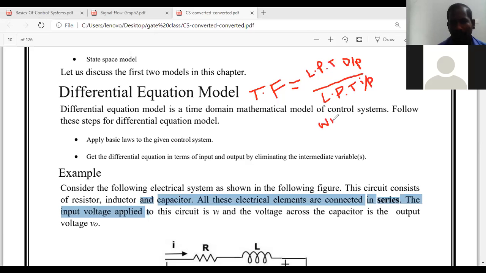With zero initial condition. Is it clear? Very important, zero initial condition is very important.